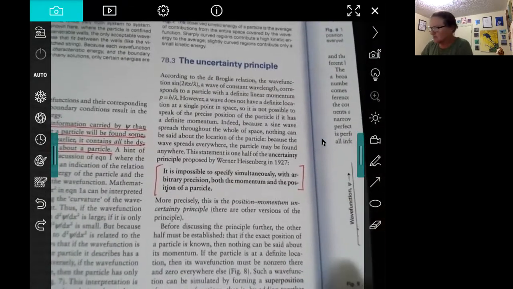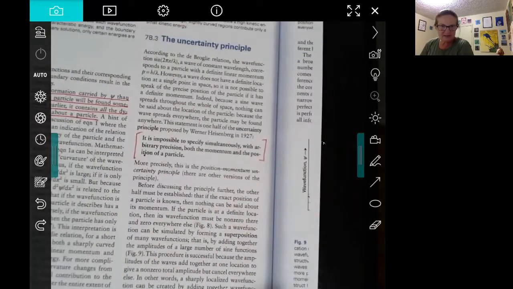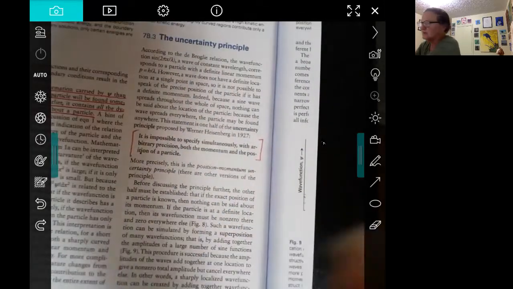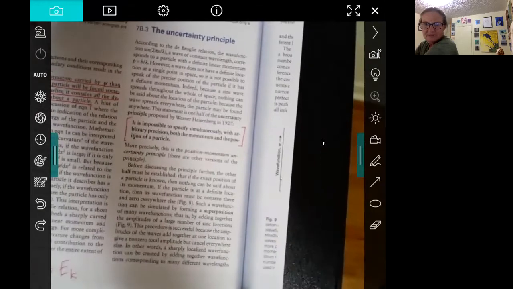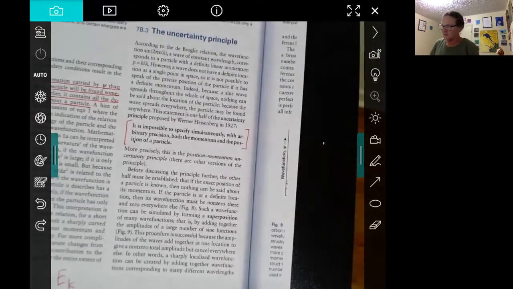Okay, so an important concept, and this is something that's almost as famous as E equals mc squared. Heisenberg's uncertainty principle is the subject of many jokes in science, of course.